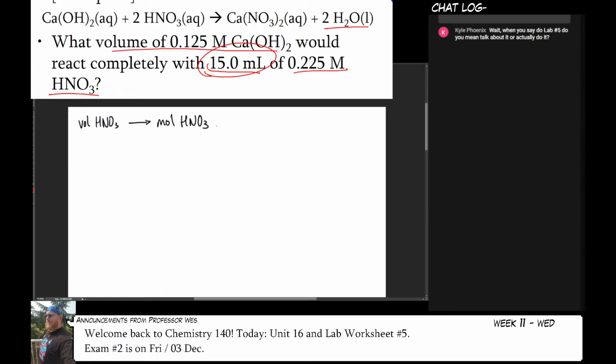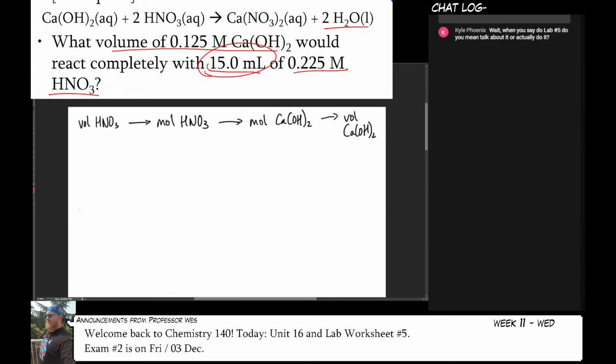And then we just do stoichiometry from there. So moles of nitric acid would become moles of calcium hydroxide. And then we could find out what the volume of that is in a very straightforward manner.